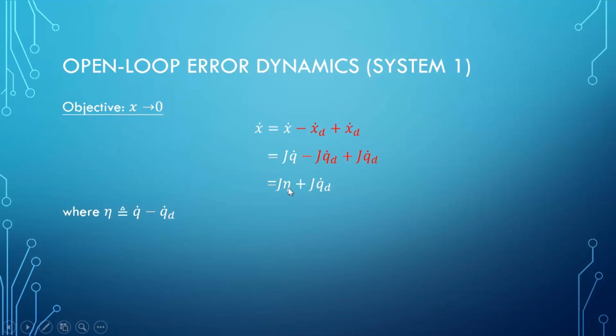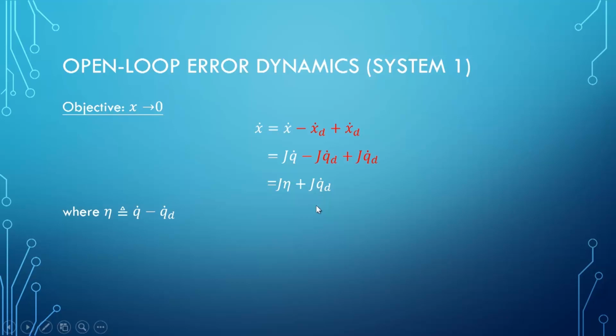That can be defined as eta. Eta is defined as the tracking error for the first system.